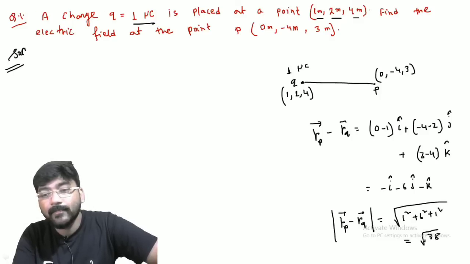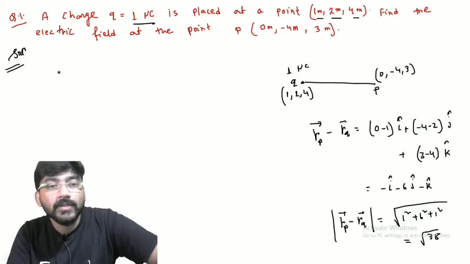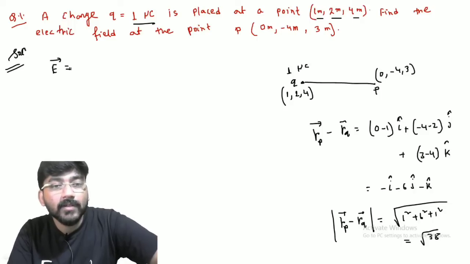Now if you want to express the E vector in this way, it is 1 upon 4 pi epsilon naught times q upon the mod of rp minus rq, whole cube, into rp minus rq.